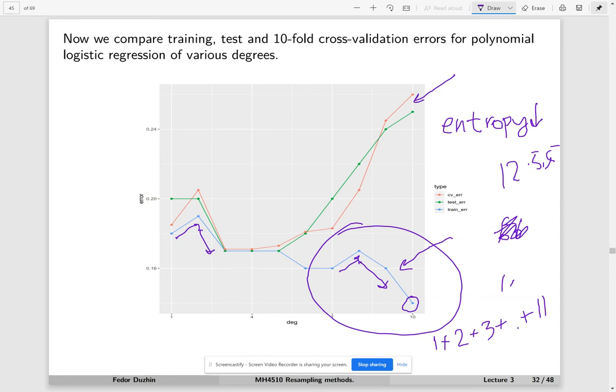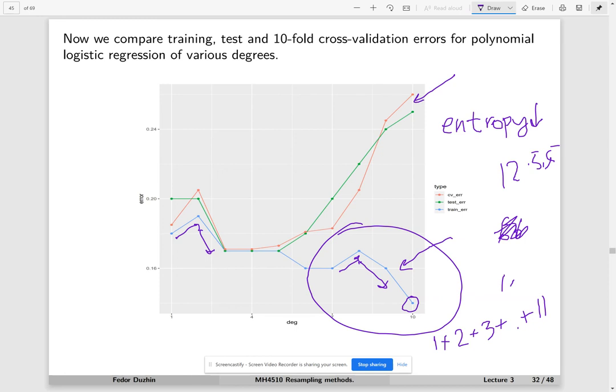And when that happens in R, it still produces the estimates, the model, but it prints a warning. So when I did this experiment, I saw these warnings. Which tells us that there are just too many estimates.